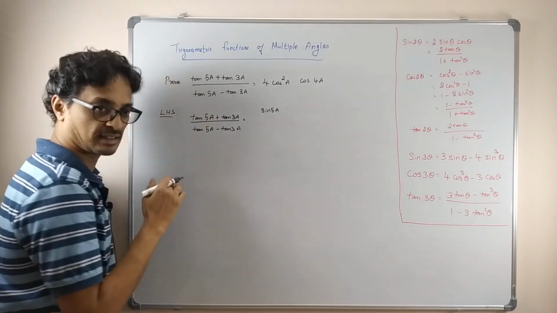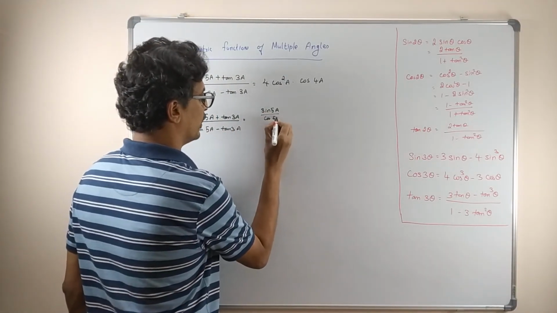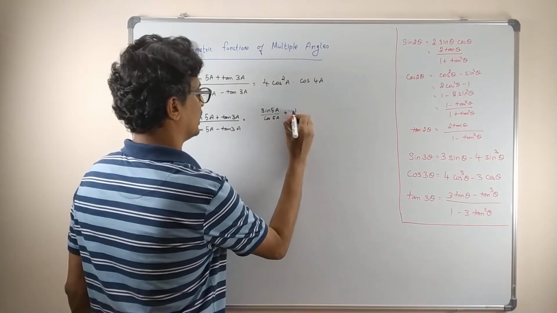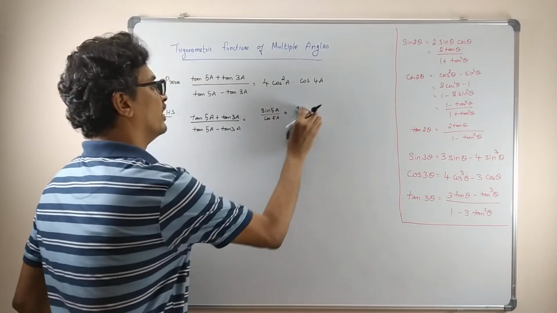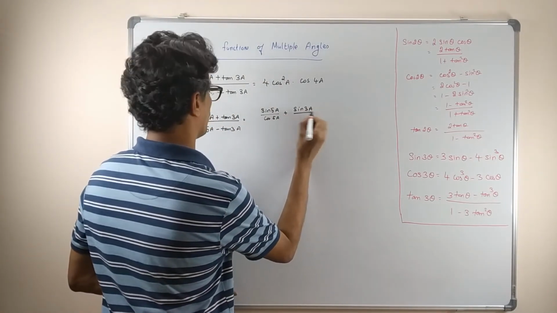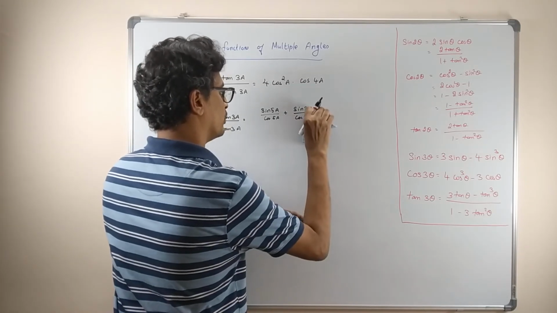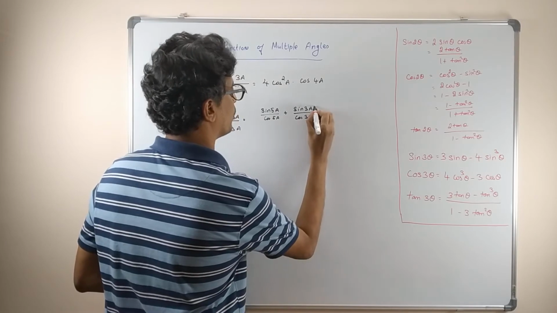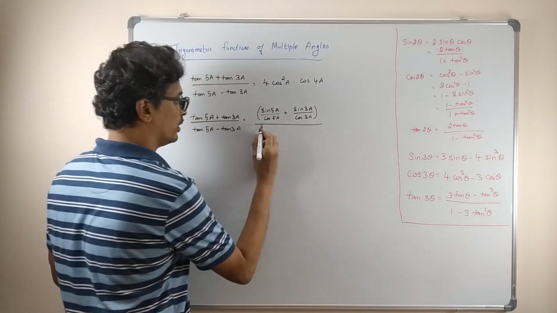these two angles. Sine 5a by cos 5a plus, sorry, sine 3a by cos 3a, divided by, what will this be?